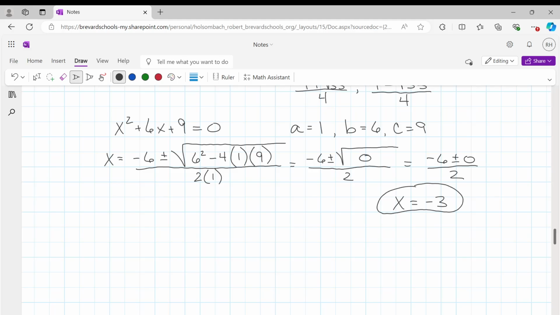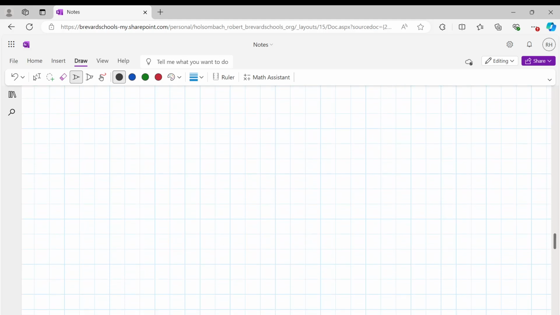All right, let's take a look at one more. Let's do 6x minus 5 equals negative x squared. In this case, the easiest thing to do would be to add x squared to each side.